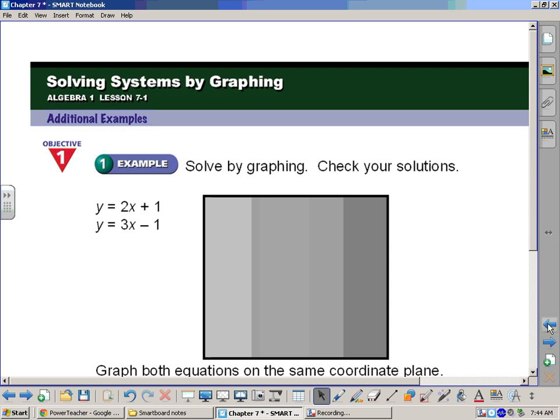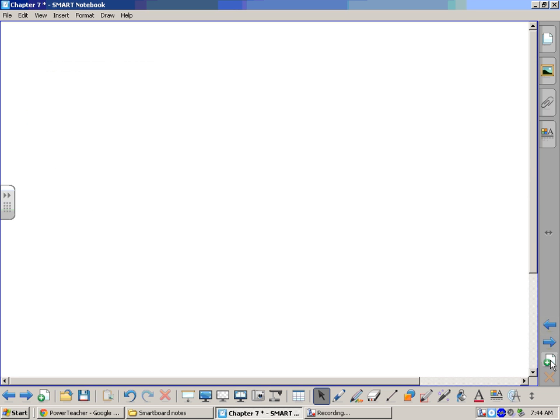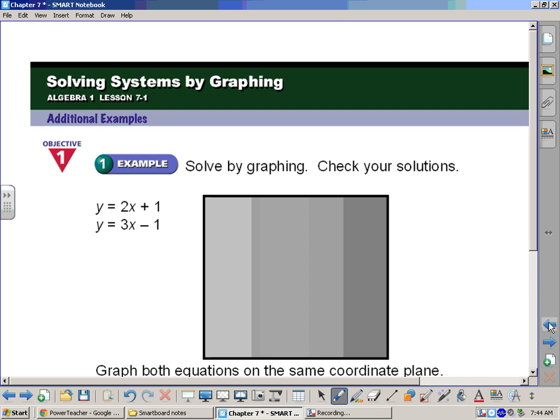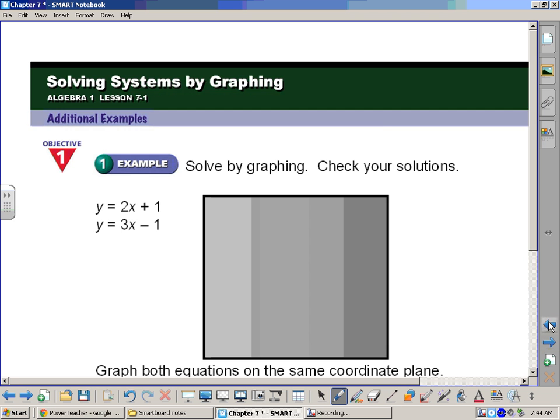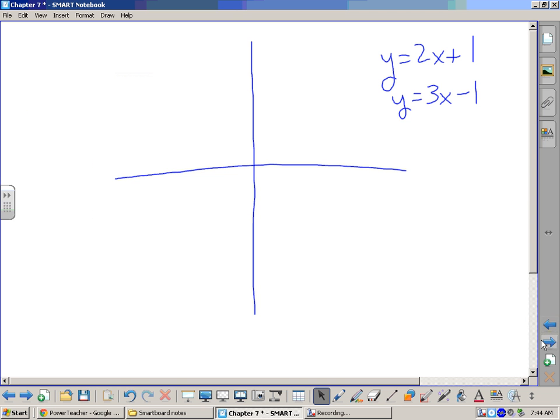We have an ordered pair, and we have y equals 2x plus 1 and y equals 3x minus 1. I believe that's what the equation was. Yes, 3x minus 1.